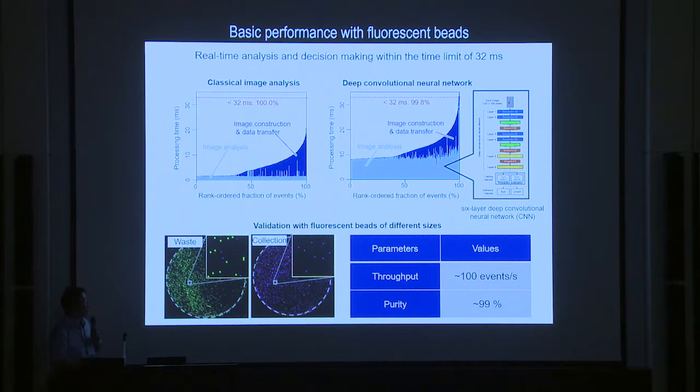With deep learning, we use this 8-layer CNN. It takes a little more time because deep learning takes more computational time, but still 99.8% of the events are within 32 milliseconds. Based on this, we achieved a throughput of 100 events per second. An event means a single cell or cluster of cells or cell debris or many things that could flow. So 100 events per second with 99% purity.